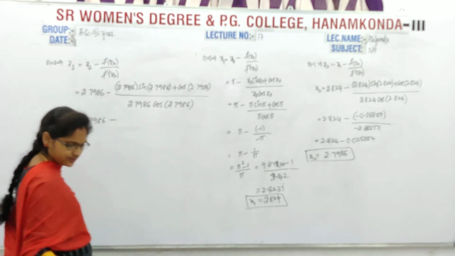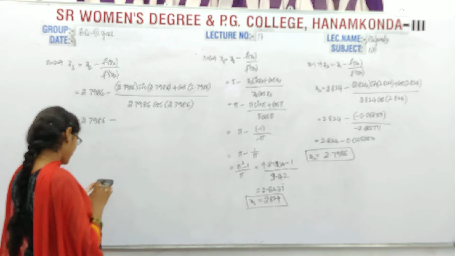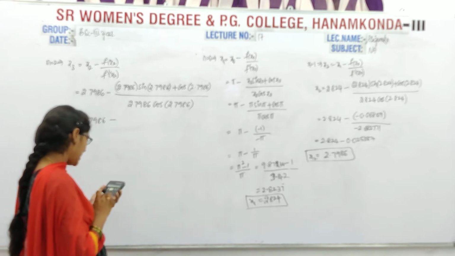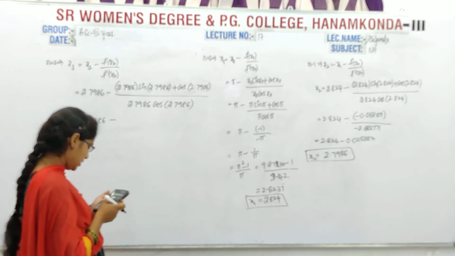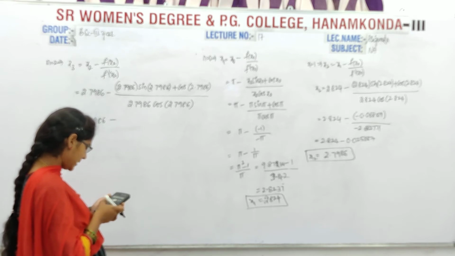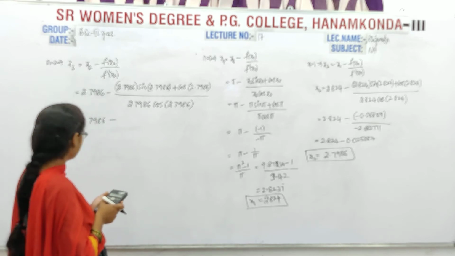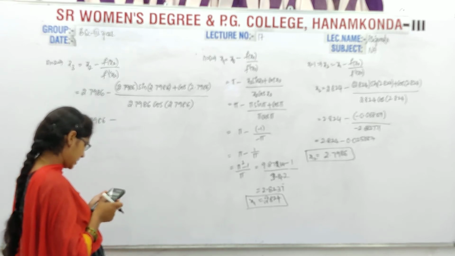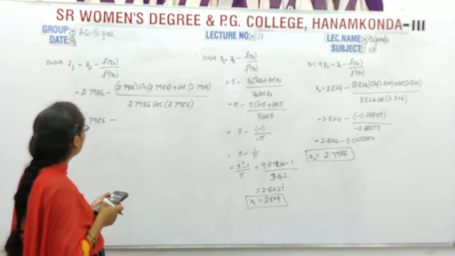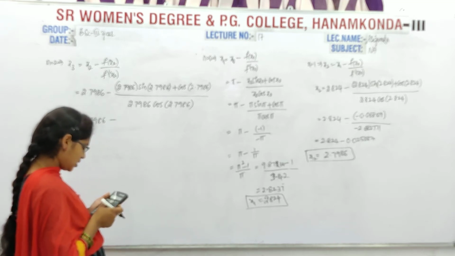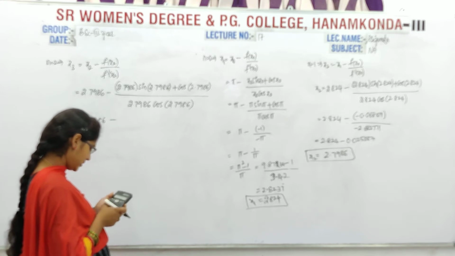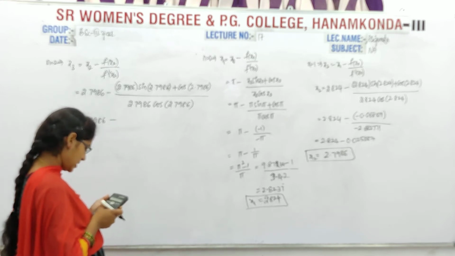Now 2.7986 minus, here what do we get? 2.7986 into open bracket sin of 2.7986 plus cos of 2.7986.